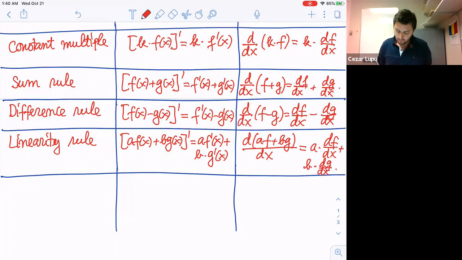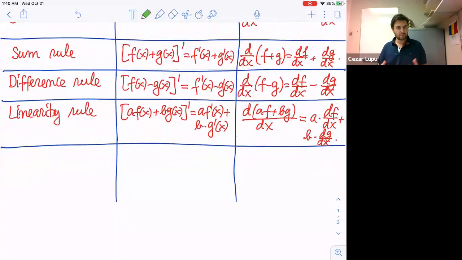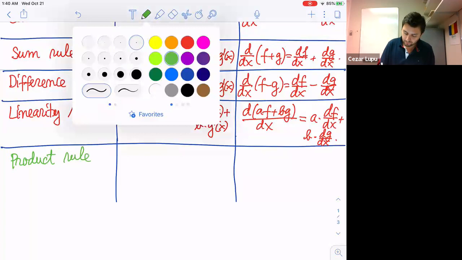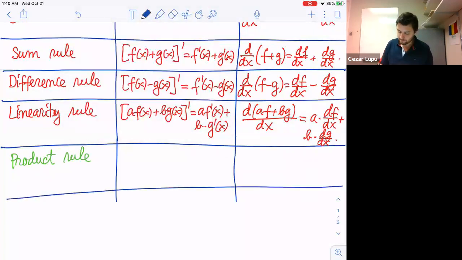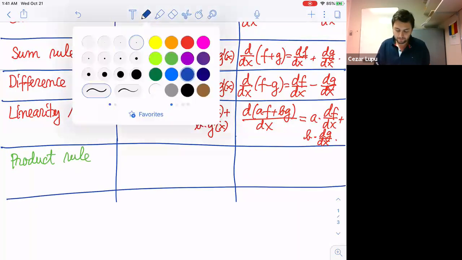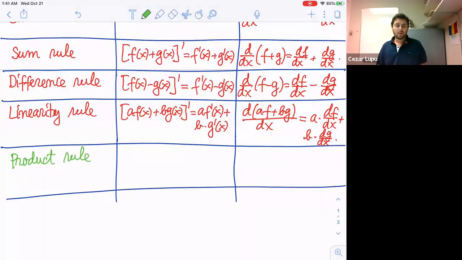Now, a very important rule, and let me write this with a different color because I want you to see that it's a bit different. It's not as you may expect. We call this the product rule. As you will see, it involves the derivative of the product of two functions. So let's say we have f times g, and we want to take the derivative of this.